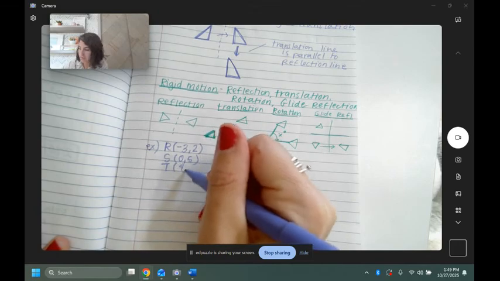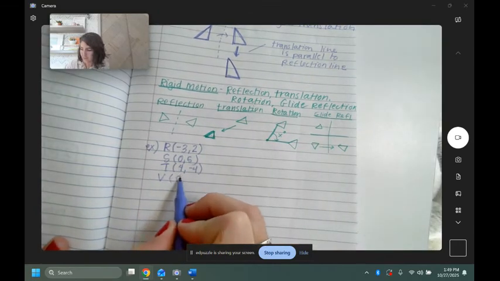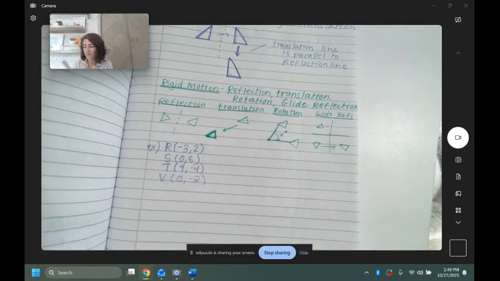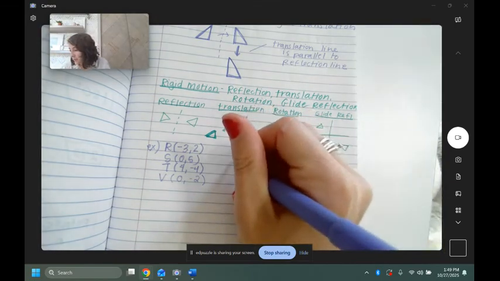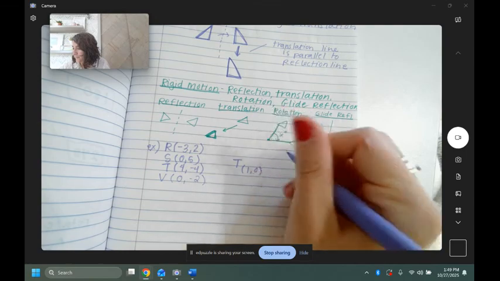T is at 4, -4. And V is at the point 0, -2. Okay. And what I want to do to this is my two things, the reflection and the translation. So it might look something like this.